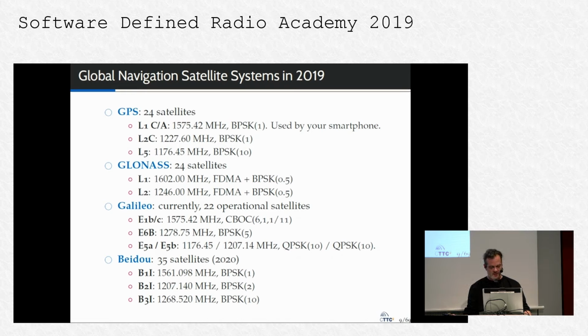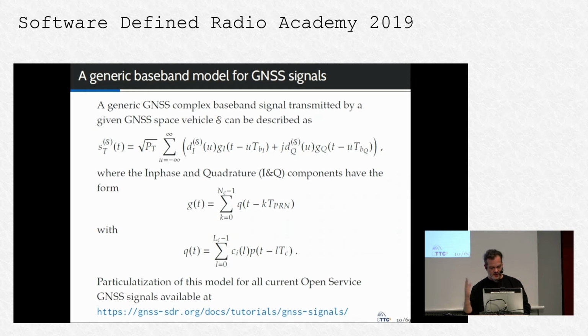A little bit of theory, just a little bit. Any kind of GNSS signal can be expressed with this equation that I'm writing here, in which you have a pseudo-random code. This is a sequence of plus and minus ones that are moving very quickly. And this is modulating a message which is here. And in this message, we have information about where the satellites are.